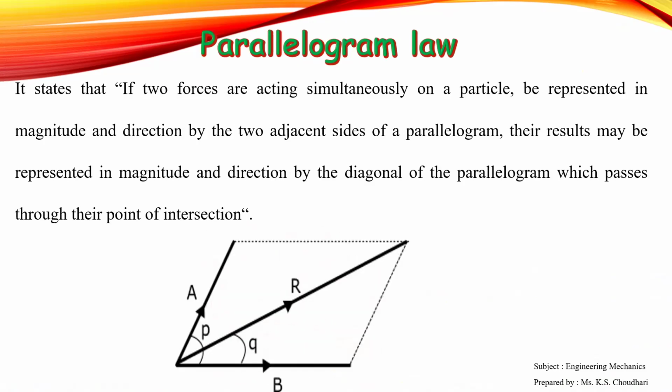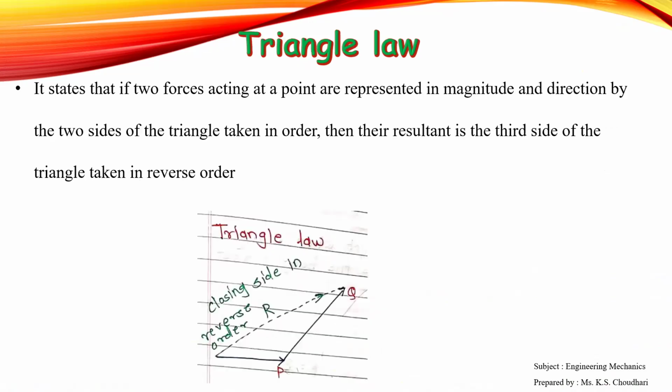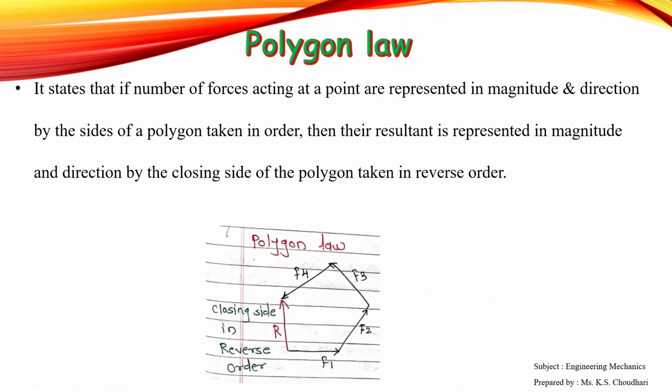These three laws are very important, and their statements are also so simple. Remember it in a very simple way. Just read the statement, understand the figure, remember the figure, and you will easily understand what these laws are and what the difference between them is.